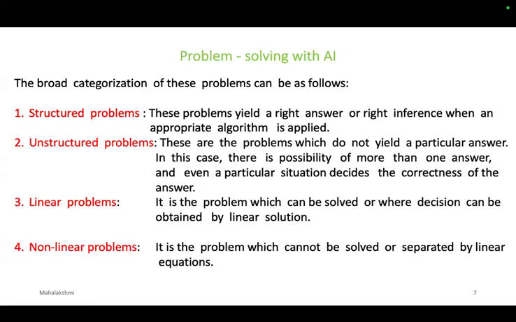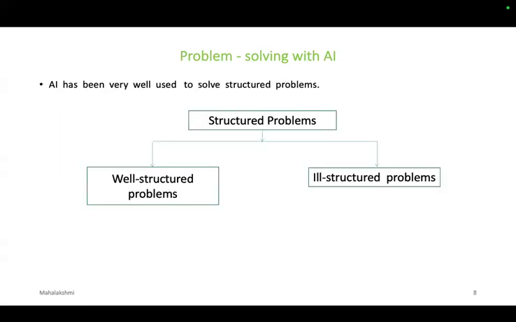They are directly proportional. So the linearity will be reflected in such examples. Those kinds of problems fall under linear problems. The last one will be nonlinear problems. It is the problem which cannot be solved or separated by linear equations.